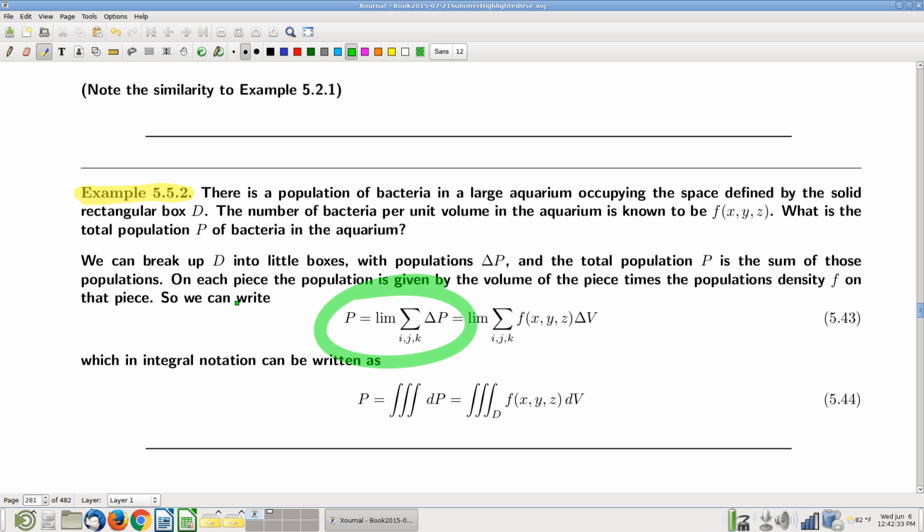Population is cumulative. And on each little piece, population is population density times volume. Okay, so again, Riemann sum, integral notation, or alternatively and more conveniently, just use the shorthand all the way through. Keeping in mind that this is just a shorthand for that.